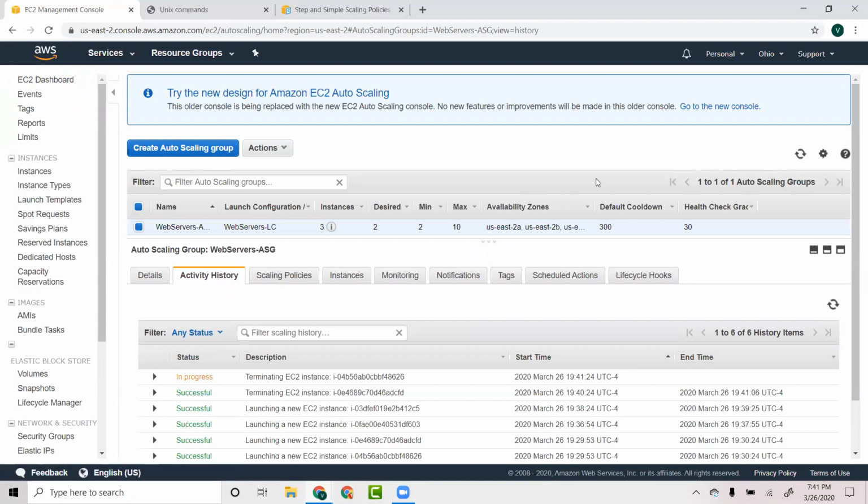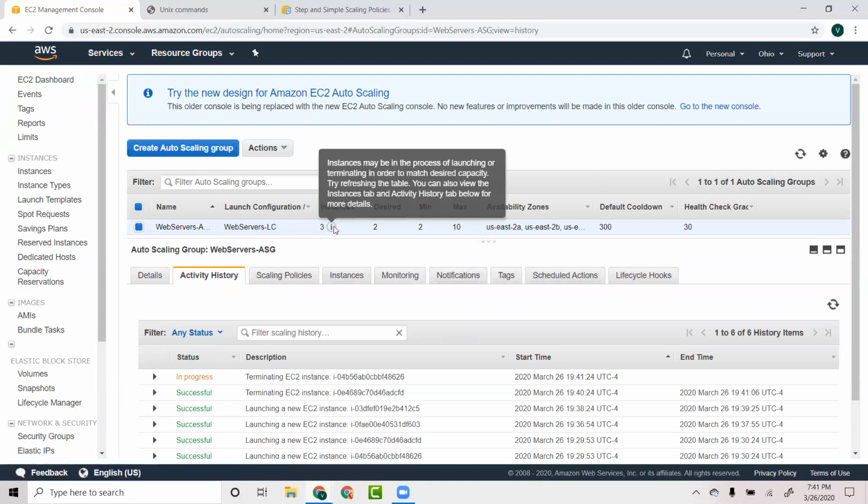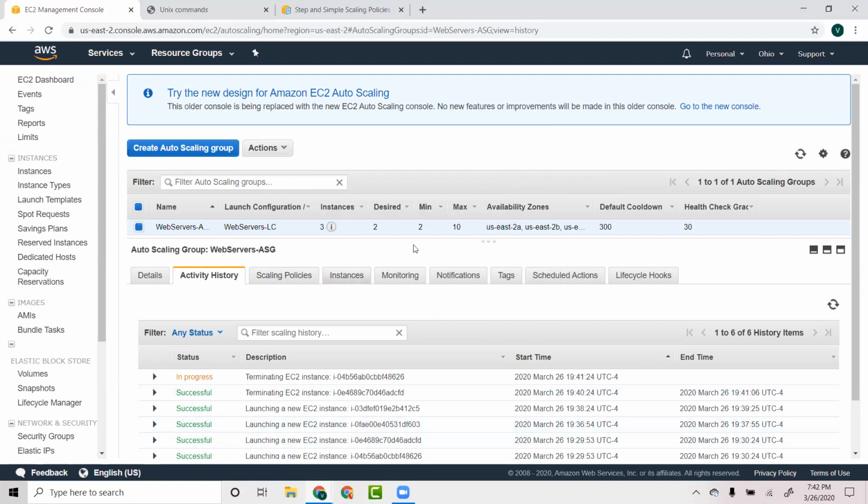Look at it, guys, in your auto scaling group. We talked about something else, but take a look at this. Instances may be in the process of launching or terminating in order to match desired capacity. Try refreshing the table. You can also view the instance tab. Your desired capacity right now is 3. Why?